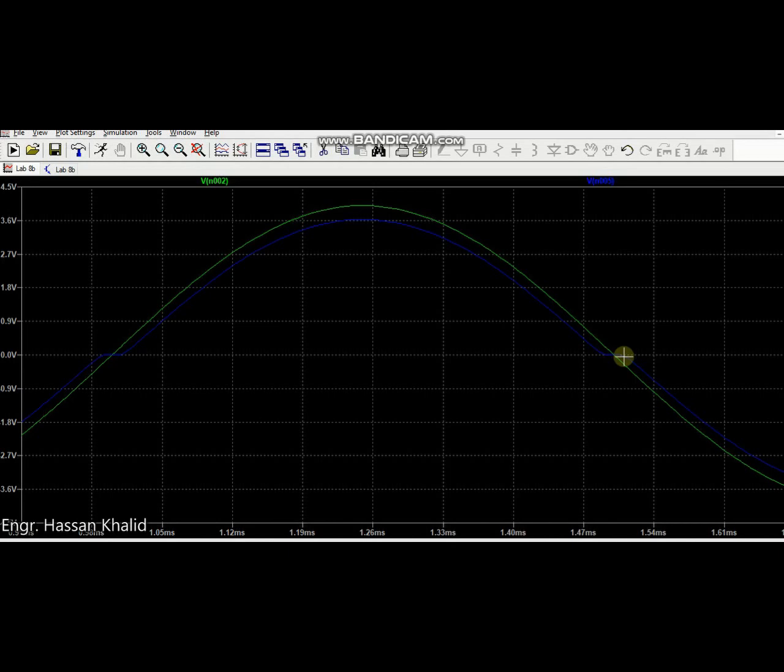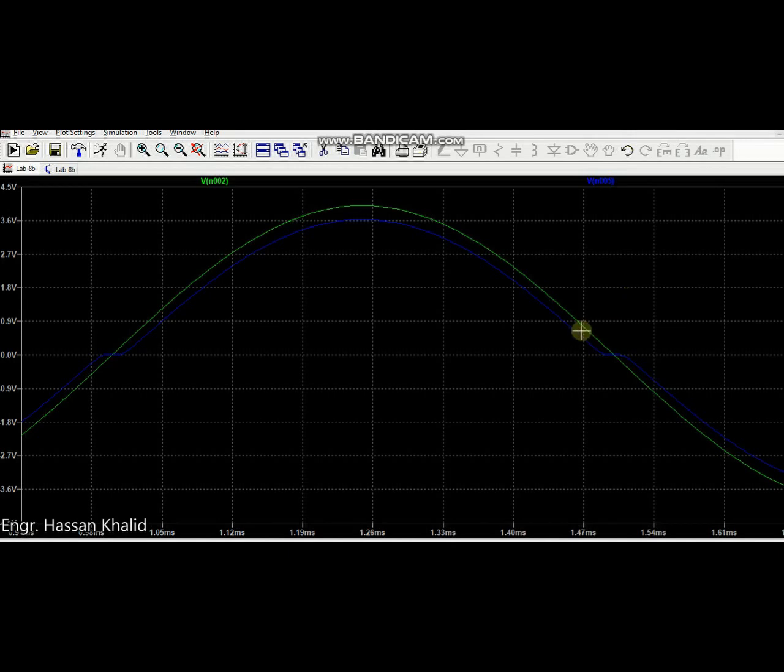So we have also observed this difference, and it can easily be demonstrated through this demonstration as well.